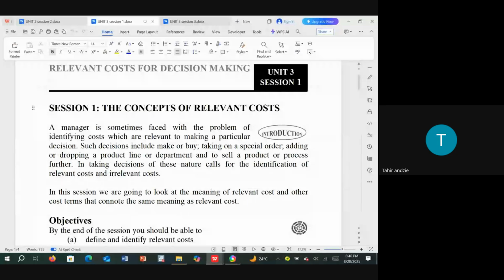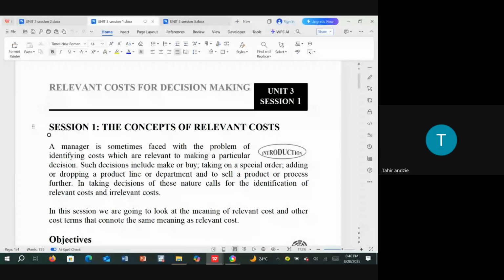Then we are going to look at the concept of relevant cost. In management accounting, managers need relevant information to make decisions. The management accountant is part of management and provides relevant cost information for decision making.